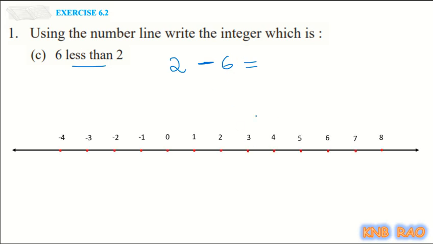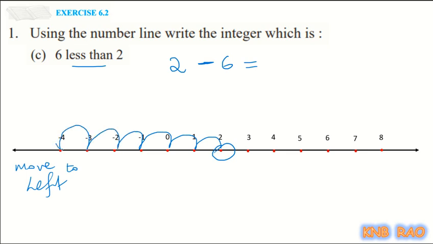We are at 2, and from there we are asked to find 6 numbers less than 2. That means we have to move towards left: 1, 2, 3, 4, 5, 6, and you arrive at minus 4. So, the right answer is minus 4.